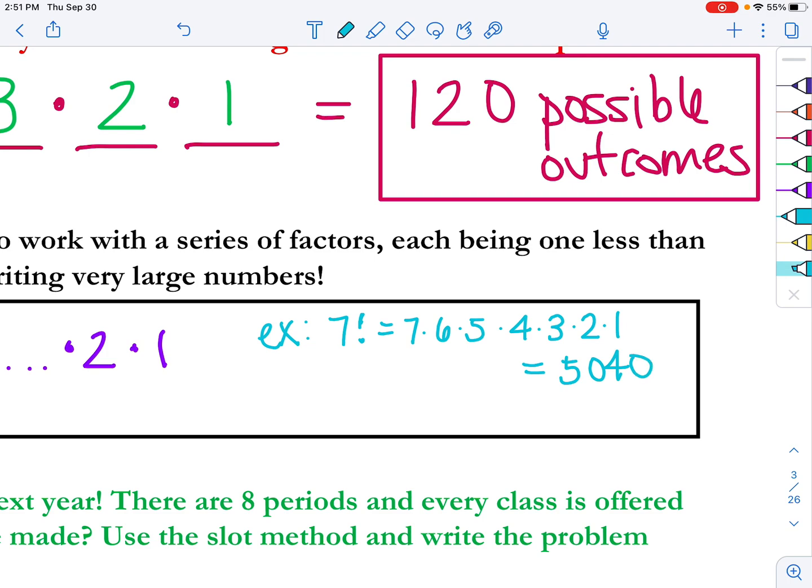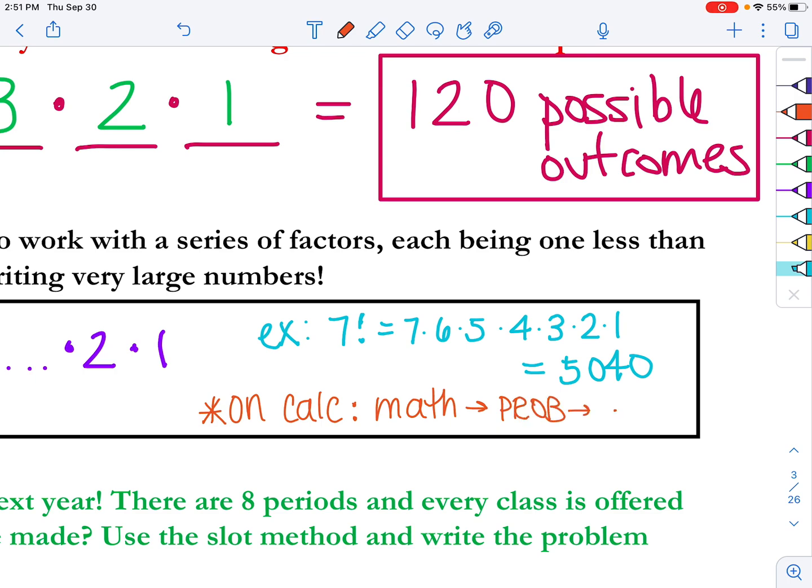Okay. Luckily, and this kind of takes a long time to type into your calculator, right? Luckily, our calculator has a factorial option. So on your calculator, go ahead and write this down, take it out. You press math, and then you're going to arrow over to probability. Yes, we have our own probability menu.